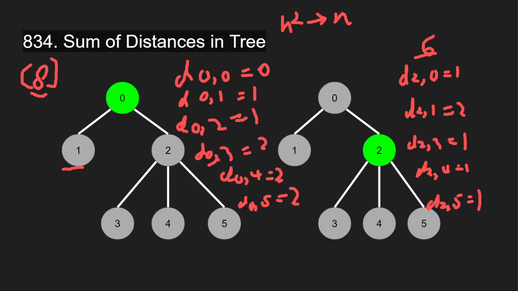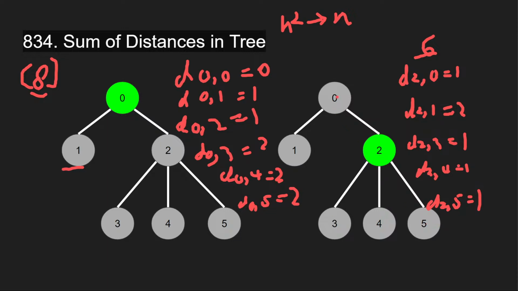So from here, the distance from 0 to 3, 0 to 4, 0 to 5, it is 2. Now, the distance from node 2 to 3, 2 to 4, and 2 to 5, it is 1. It means the distance is reduced.